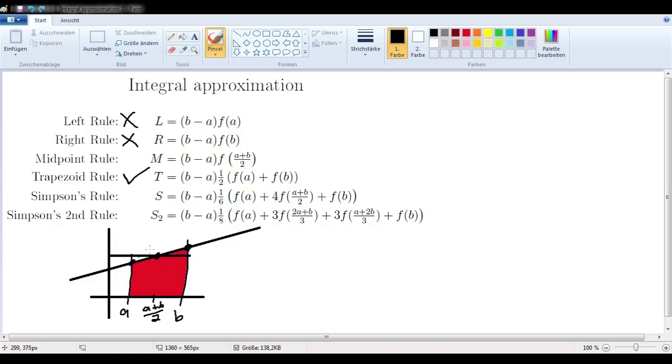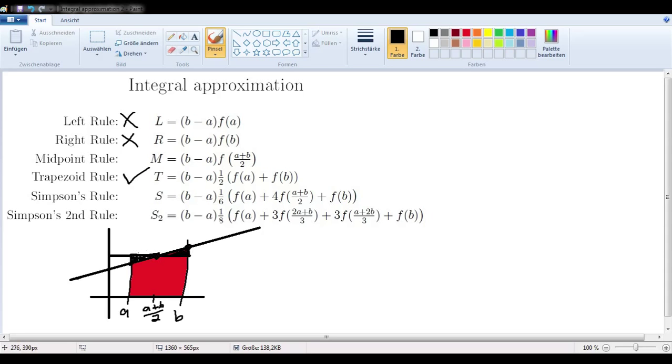But if you think about it, these 2 triangles, namely this triangle here and this triangle here, have the same area, because this is a curve of degree 1, which means it has a constant slope, right? So the rise over the run here and the rise over the run here is going to be the same.